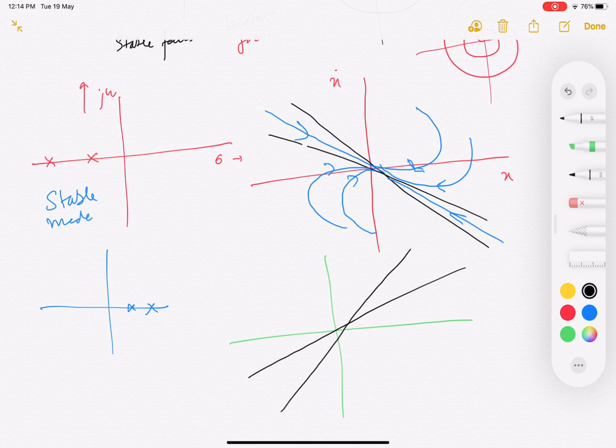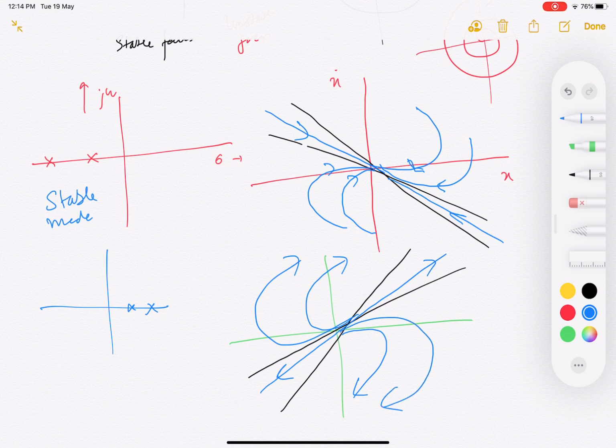So you draw these two lines here, and then we draw it inside like this. So it's diverging instead of converging. So it's going to be like this. So this is called the unstable mode.